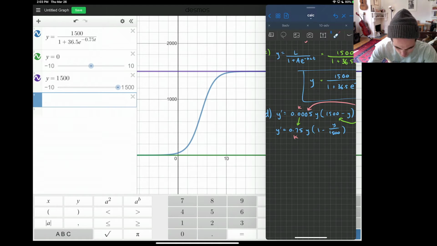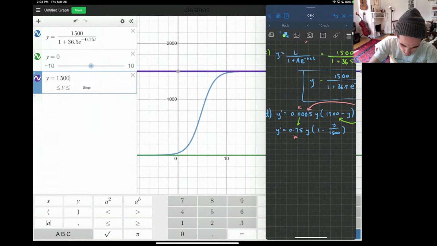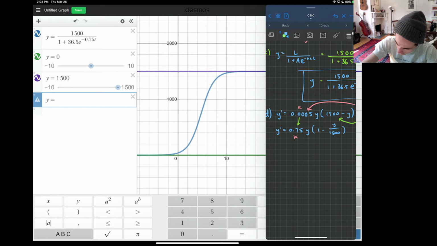So let's graph y equals, oops, there we go. y equals 0.75 y times 1 minus y.